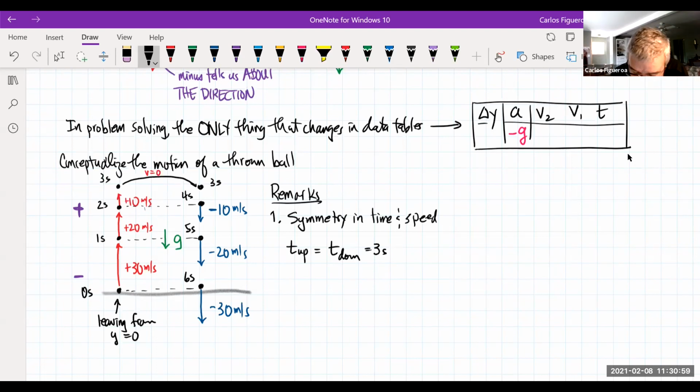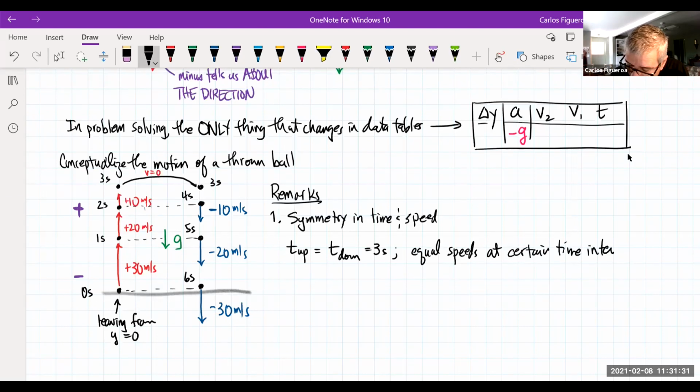And what you find here with the speed is that you have equal speeds at certain time intervals.